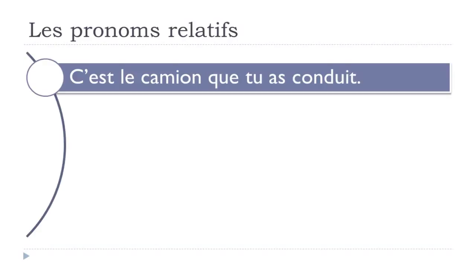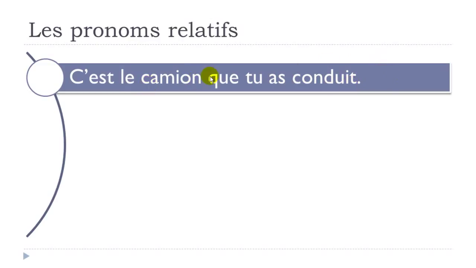So as I said, for this admirer, adorer, all these examples that we've been covering so far, you don't pronounce it. So that's the reason why I wanted to put a few sentences in which you can see the difference. So the first one, c'est le camion que tu as conduit. Okay, le camion, it's the truck, okay, que tu as conduit. Conduire is to drive, okay, and you've got here the passé composé form, okay.